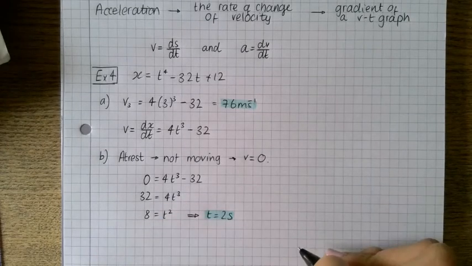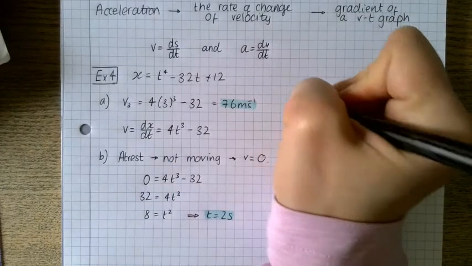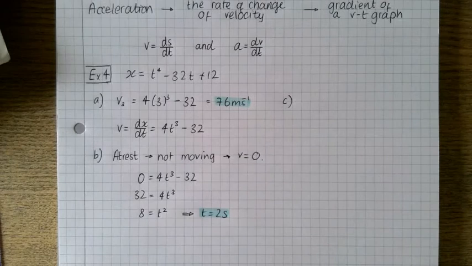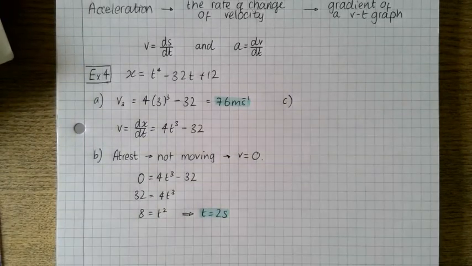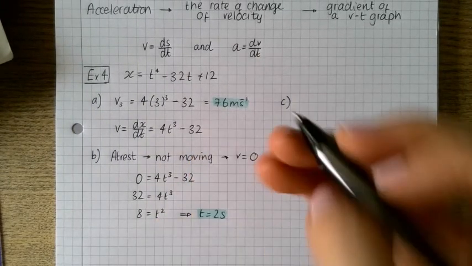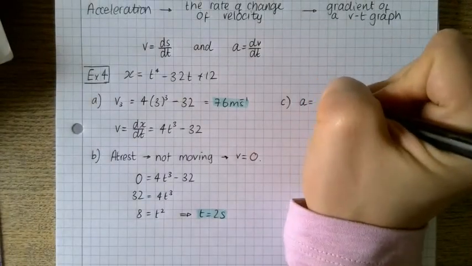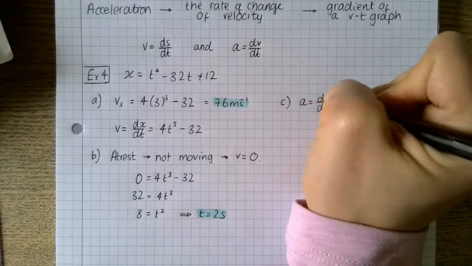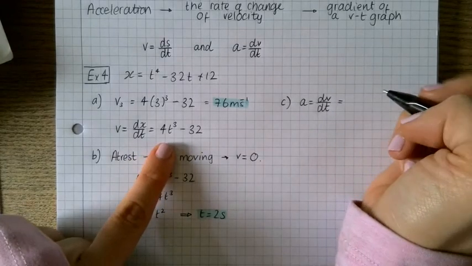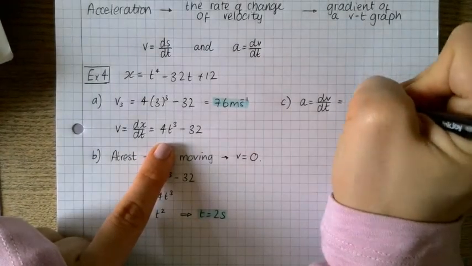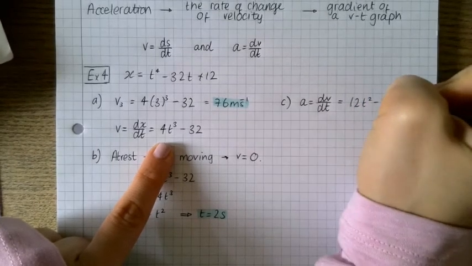And then part C, I'll do over here. For part C, we need to find the acceleration of P when t equals 1.5. So we're going to use this fact here that the acceleration is the rate of change of velocity. So I'm going to differentiate this velocity function that I have here, which will be 12t squared subtract 32.